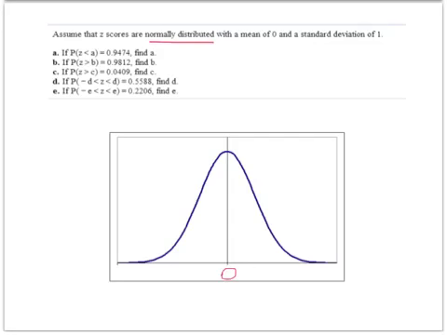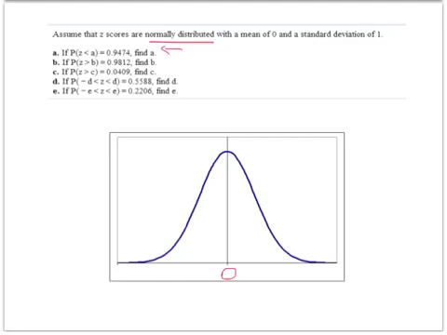It says if p, the probability of z is less than a, equals 0.9474, find a. Well, what in the heck does that mean? And we're doing part A. This means find the z value that has 94.74% of the data below it.